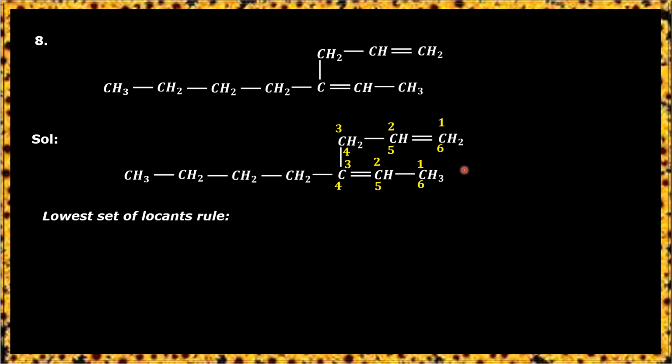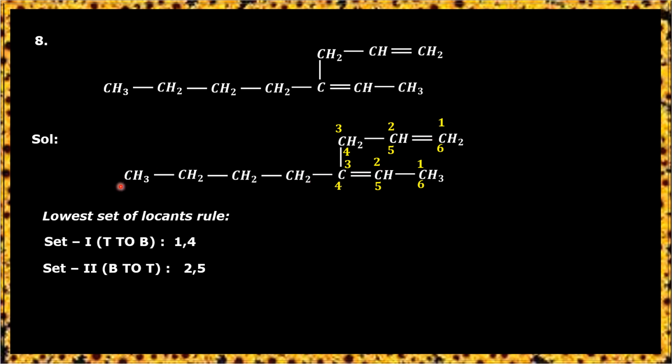So from top to bottom, set 1, the locants are 1, 4. Set 2, from bottom to top, the locants are 2, 5. That is, the second carbon atom and the fifth carbon atom are attached to double bonds.